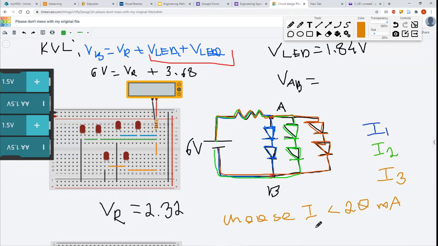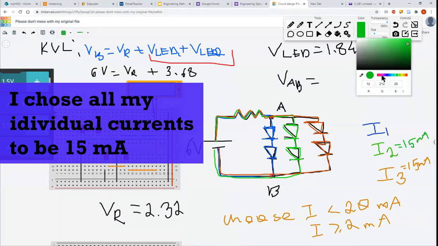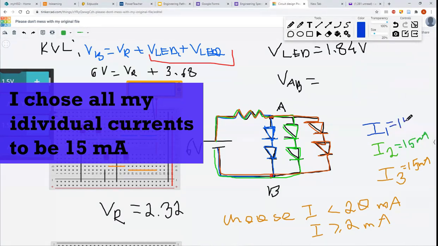So anything greater or equal to 2 milliamps should totally work. Now, the bigger your current is, the bigger your total current is going to be, so your battery is going to drain faster. Okay, so let's make all of these 15 milliamps. So this one is 15 milliamps, and this one is 15 milliamps.